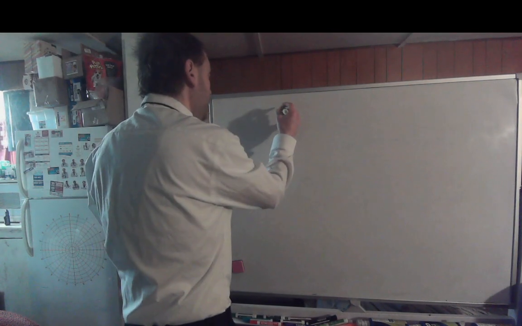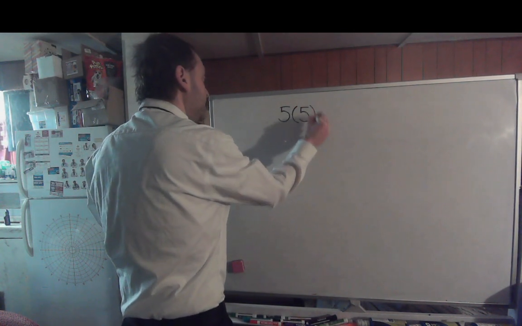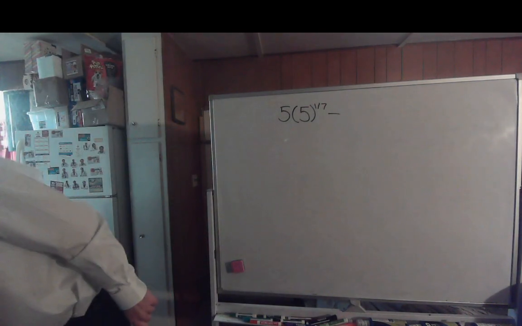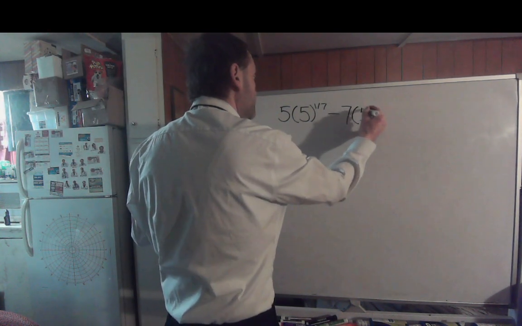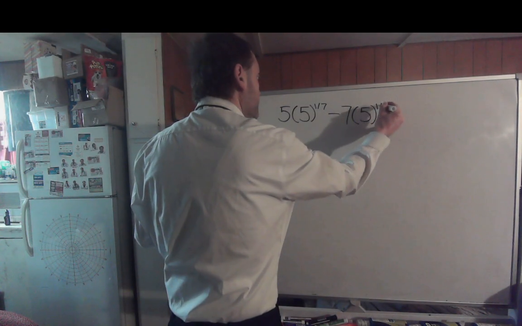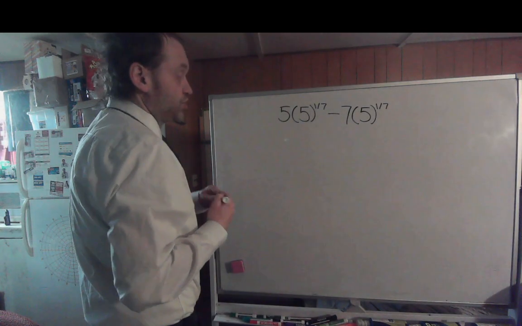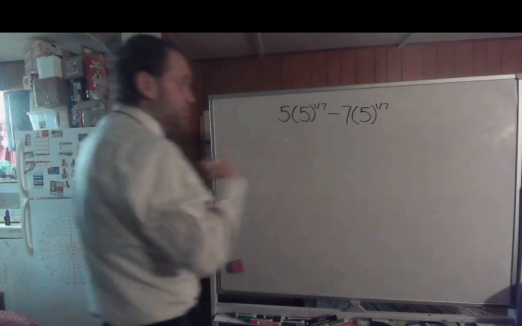Okay, now you have 5 times 5 to the 1/7 minus 7 times 5 to the 1/7. Well, you're going to treat that 5 to the 1/7 the same as you would a variable.